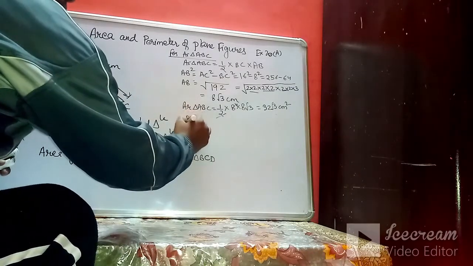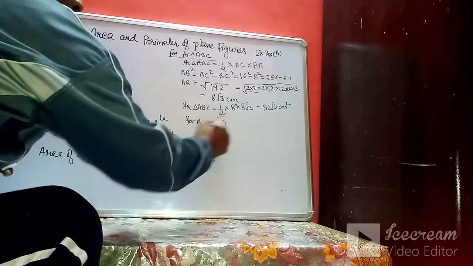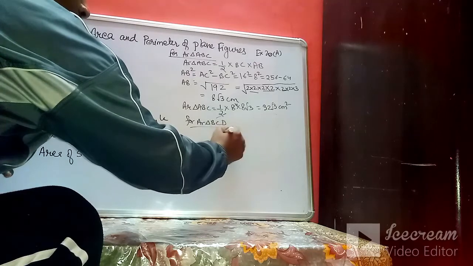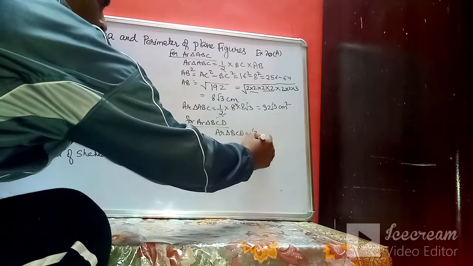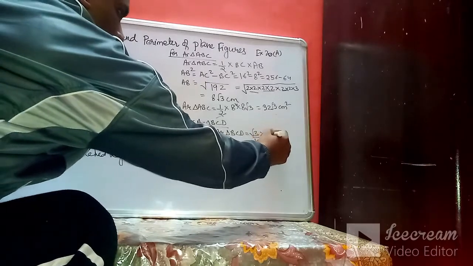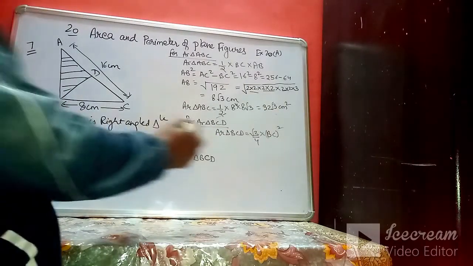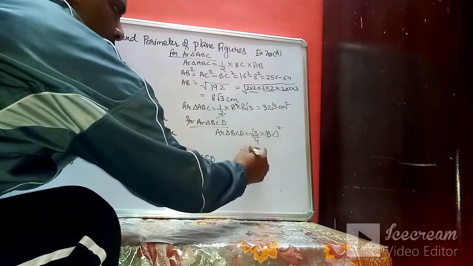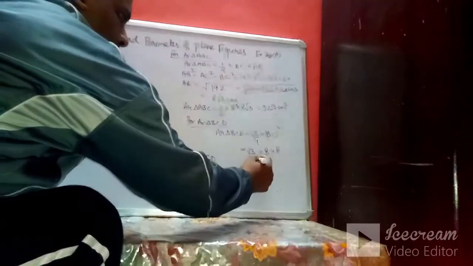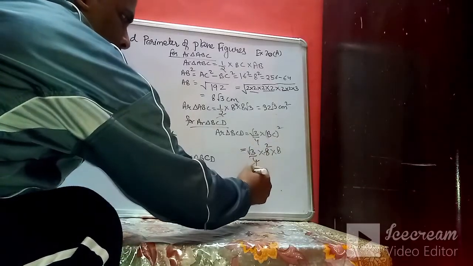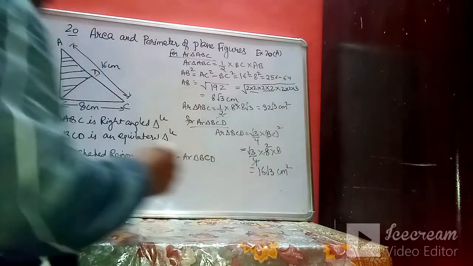Now for area of triangle BCD, we know that area of equilateral triangle is root 3 by 4 into side square, because BC is one of the sides of the triangle. So it will be root 3 by 4 into 8 into 8. So it is 16 root 3 centimeter square.